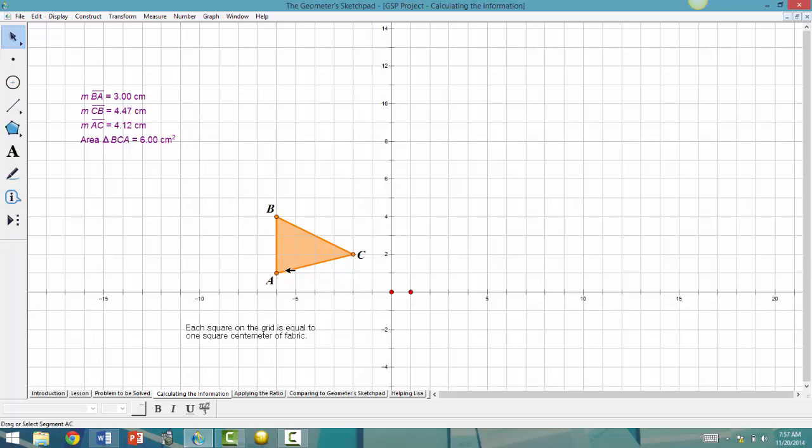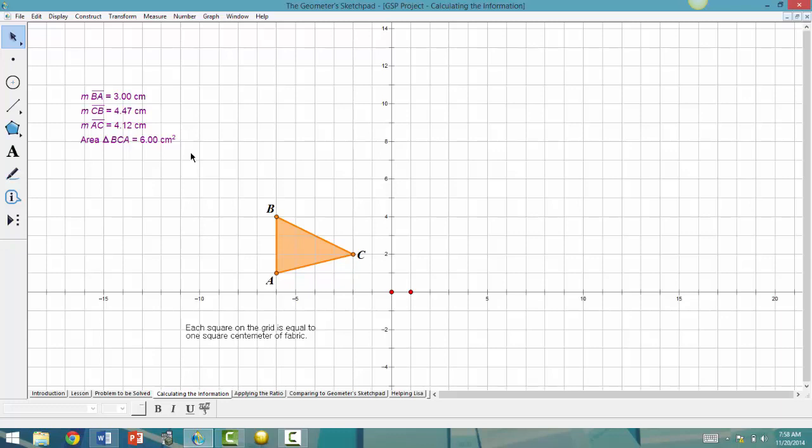As you can see, we can definitely test Geometer Sketchpad to make sure that it's correct by looking to see that the length of our triangle is 4 and the height is 3, and using the area formula of a triangle, length times height times 1/2, we see that 4 times 3 times 1/2 will be the 6 that we're given.